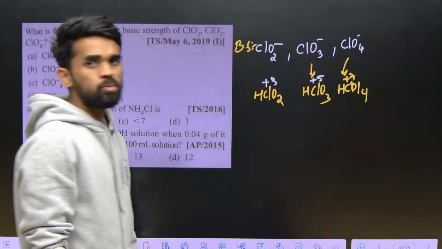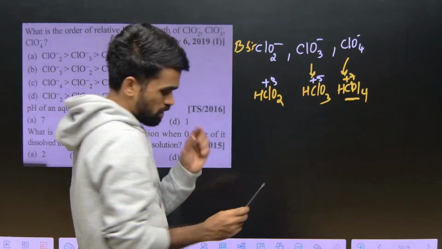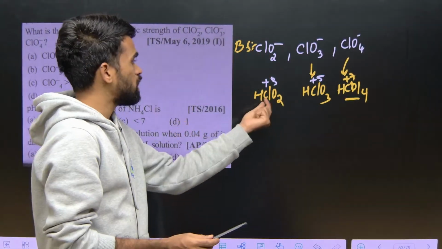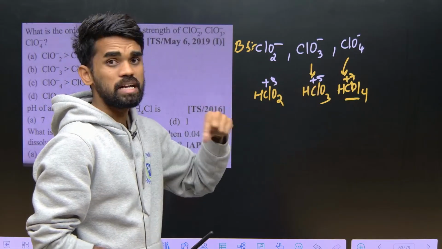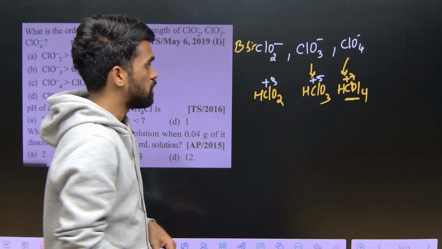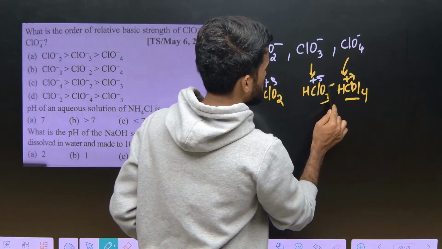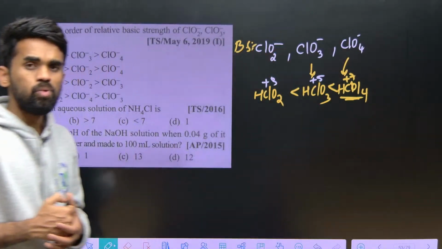So where do we have the maximum oxidation state? Whenever we have a particular element with different numbers of oxygens, the species having greater oxidation state will have more acidic nature. Therefore HClO4, perchloric acid, will be more acidic here.